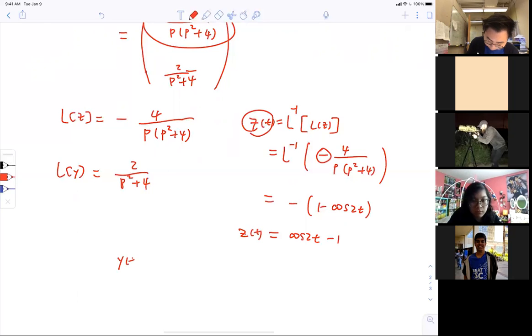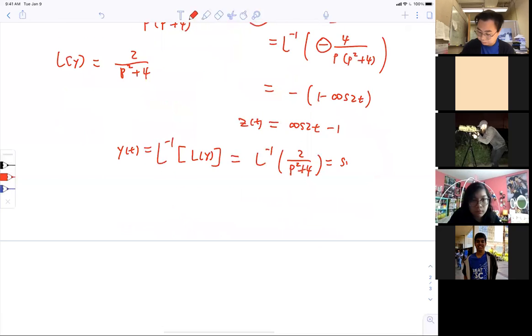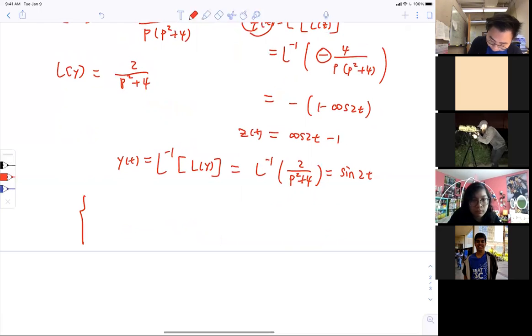Similarly, for y of t, you just need to transform back to the time domain, you look up the table. It's sine 2t. So the solution for this problem is y of t equal to sine 2t, z of t equal to cosine 2t minus 1.